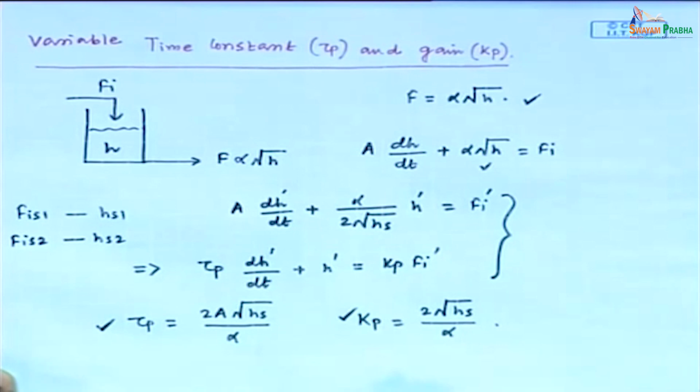Fine. That means, we can conclude that this hs varies depending on the Fis value. So, we can say that tau p and Kp both are not constants in this particular example, they are variables. Fine.